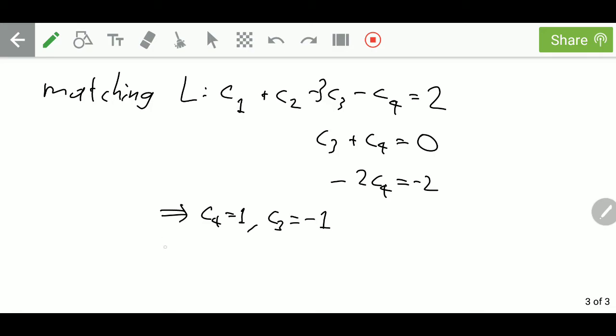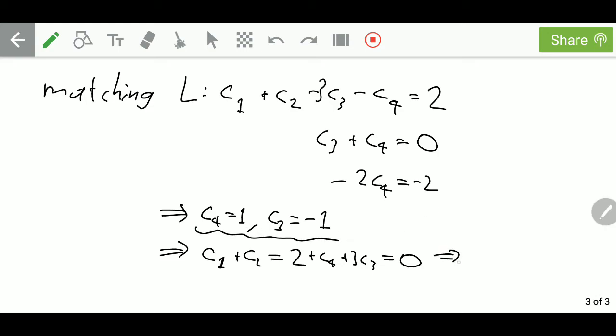And then from that, we get that c1 plus c2 equals 2, and then minus c4 plus 3 c3, and that just equals 0. And so we have c1 plus c2 equals 0.